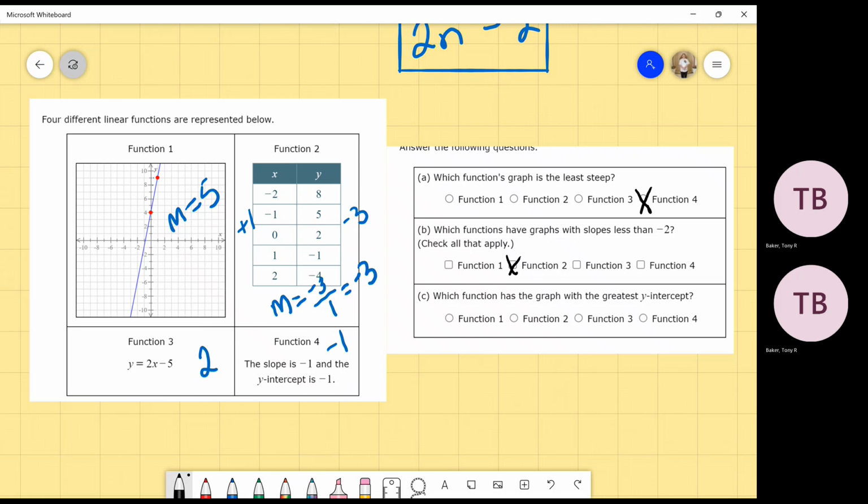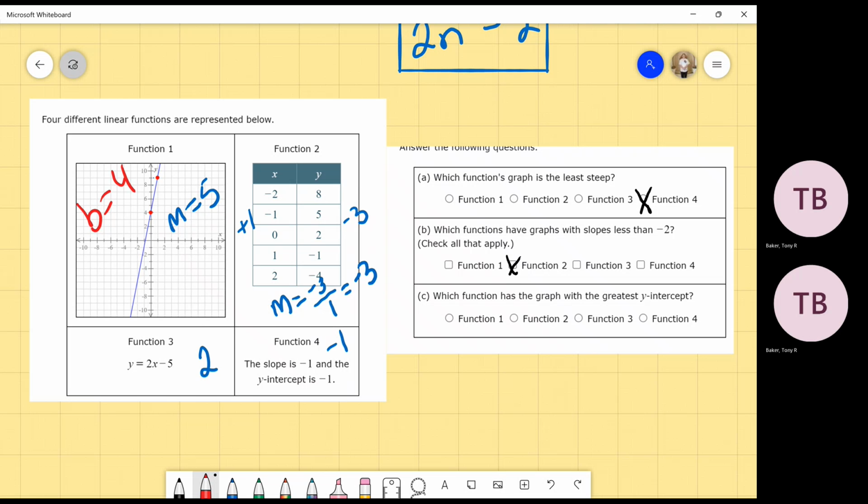Now the last one says, which function has the graph with the greatest y-intercept? So function 1, the y-intercept was 4, right? What's function 2's y-intercept? Remember, the y-intercept is where x is 0.